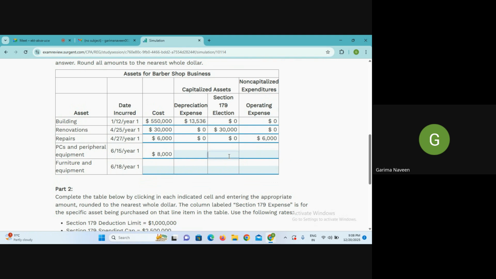Is it a personal property or real property? It's a personal property. So yes, you can claim 179 expenses here. So that means 8,000. You can claim it in 179. So whole amount आप 179 में डाल दोगे तो depreciation के लिए कुछ भी नहीं बचेगा. Is it clear? Yes, ma'am.